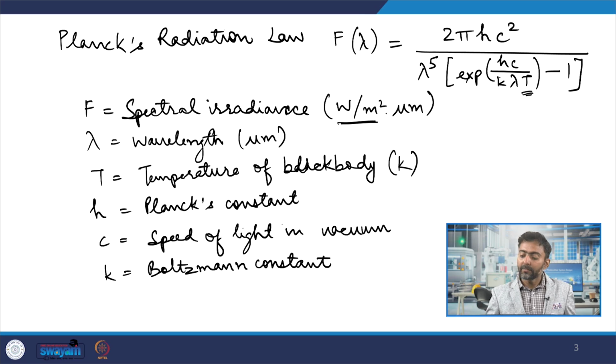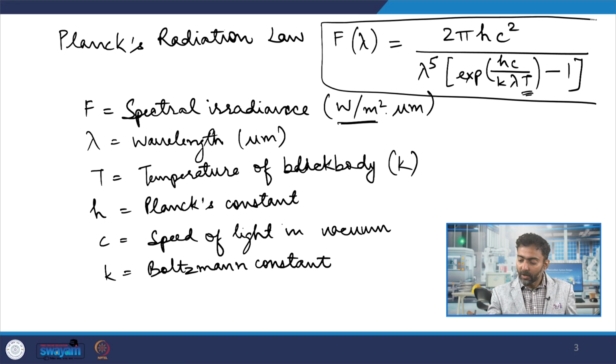The other three, h, c and k, are nothing but constants, so they will be just constant in the equation. So in this equation, T is the main determining factor. How much spectral intensity there will be at a particular wavelength depends on the temperature of the black body. Now this equation looks quite complicated.